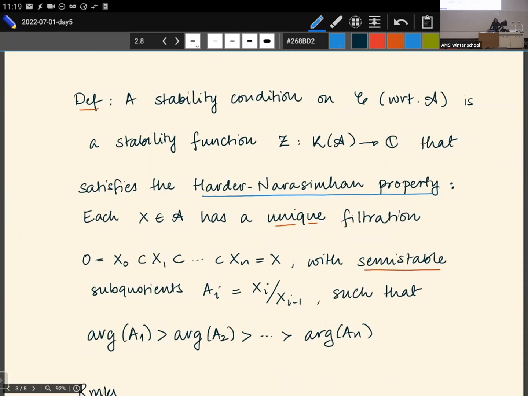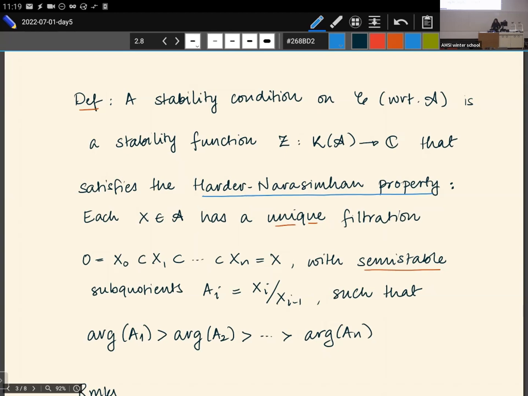Remember, objects of C already have a filtration with respect to A. It's called the cohomology filtration with respect to A. So I can take an arbitrary object of C, break it up along A, and then each piece, which lives in A or a shift of A, I can break up along its unique Harder-Narasimhan filtration. So even though I've written that each object has a unique filtration only for objects in A, in fact, objects in C also inherit a unique Harder-Narasimhan filtration.